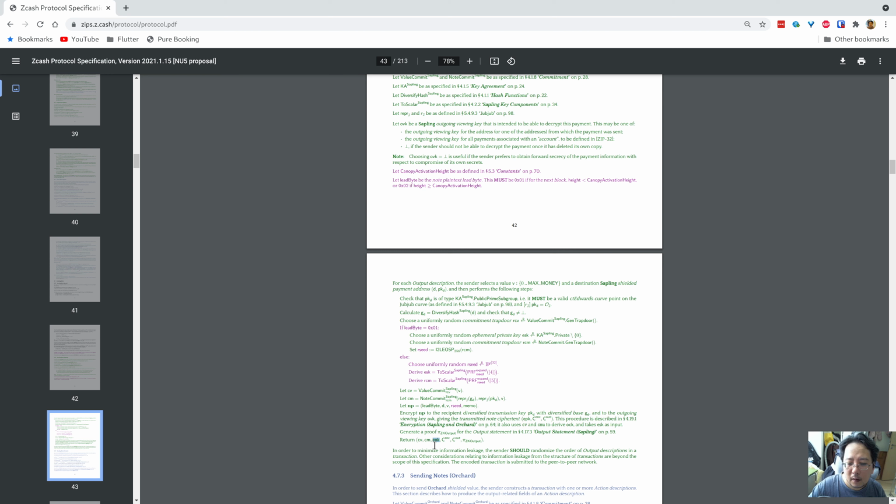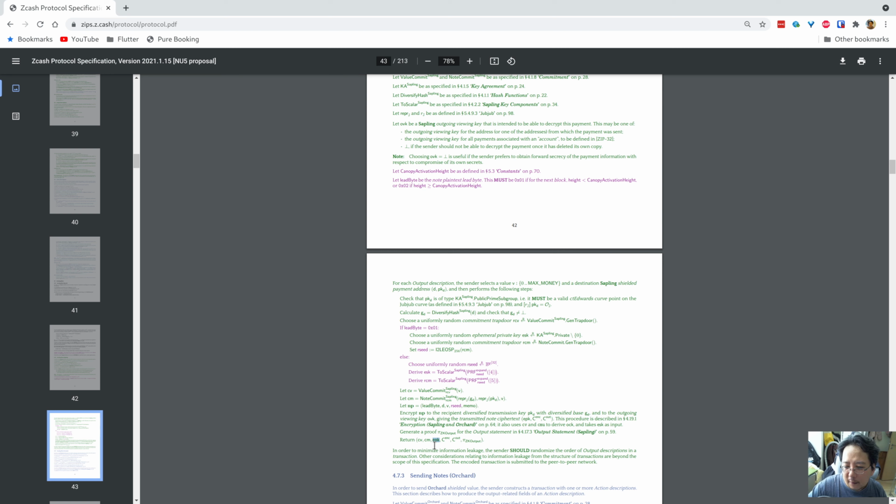You need to know the difference between a plain note and an encrypted note, and therefore you need to know what the output description is. You need to understand what the nullifier is and how it relates to spending descriptions. So that's pretty much it for this.